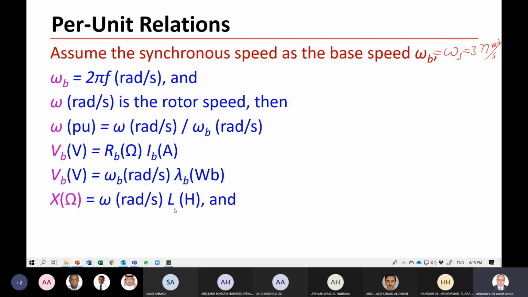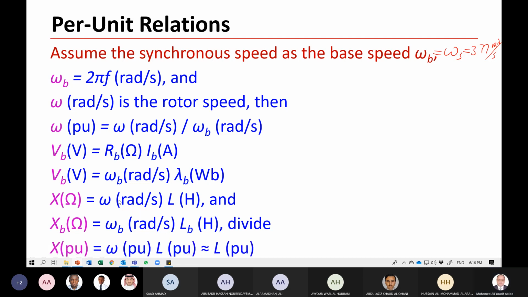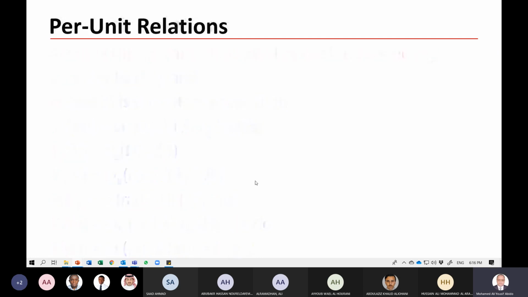And X equal to omega L. Of course, X, the reactance, equals omega times L. So X base equals omega base L base. And if you want to get X per unit, you just divide: omega per unit times L per unit. And if you consider omega is almost constant, so omega over omega b is approximately 1. So in this case, the reactance per unit equals the inductance per unit. Okay, X per unit equals the inductance per unit.